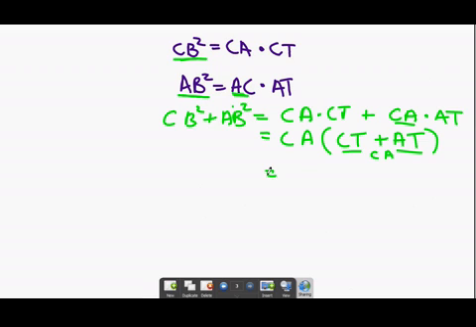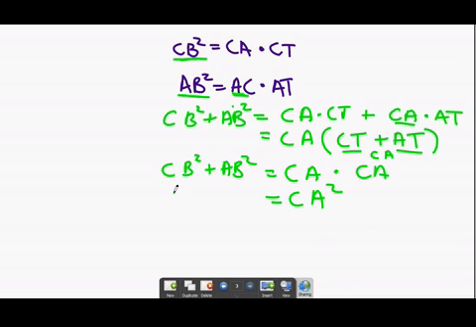This means that CA dot CA is equal to CA squared. So CB squared plus AB squared is equal to CA squared, which is Pythagoras' theorem. And that is how you prove Pythagoras' theorem. It's very simple, and if you practice it, you will learn a lot more things, because whenever you need a square, you always apply similarity.